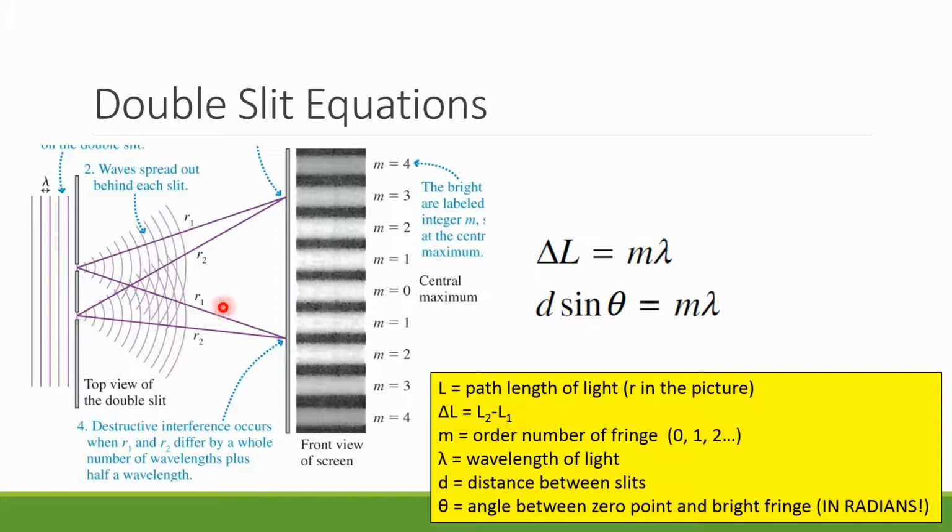That tells us the difference in path length. The difference in path length is equal to the number of the fringe times lambda. So as you increase your number of fringe, you're going to have a larger difference in path length. So as you go further away, you'll have a larger difference between these two points.